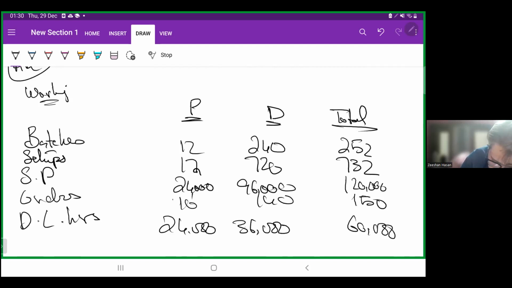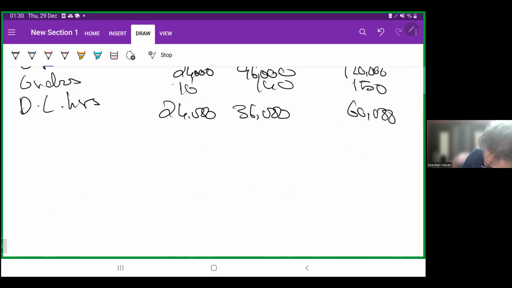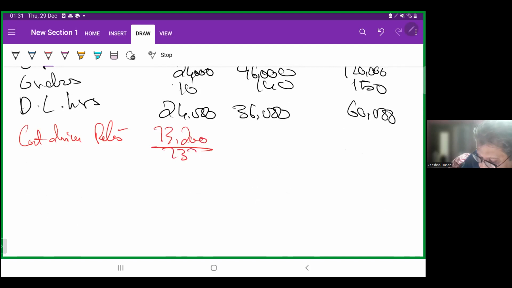Now, cost driver rates. Setup: 73,200 divided by total 732, we'll get 100 per setup.